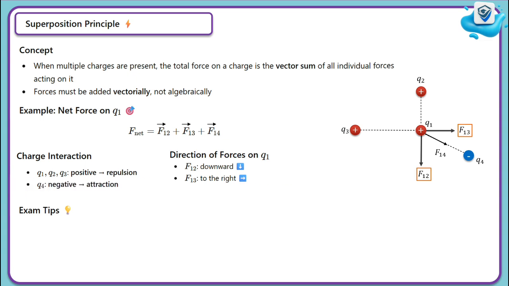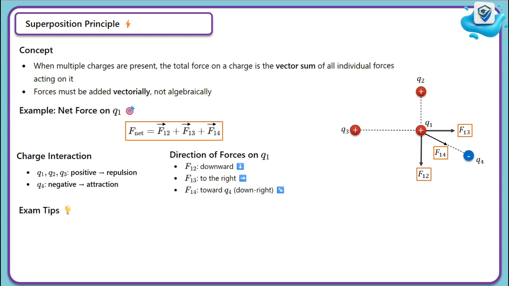Now, charge Q4 is negative, so it attracts Q1. Therefore, F14 is directed toward Q4, which is down and to the right. Finally, we combine all these forces as vectors to find the net force.